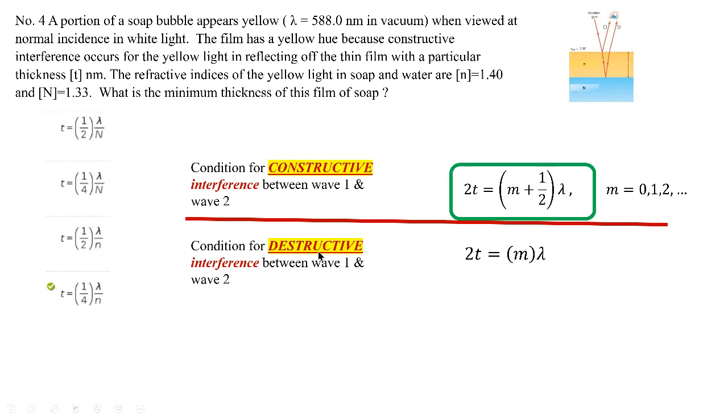And so we would then be destructively interfering. But in here, what we need is constructive interference, and constructive interference would be 2T equals 1/2. You see, it becomes 1/4.